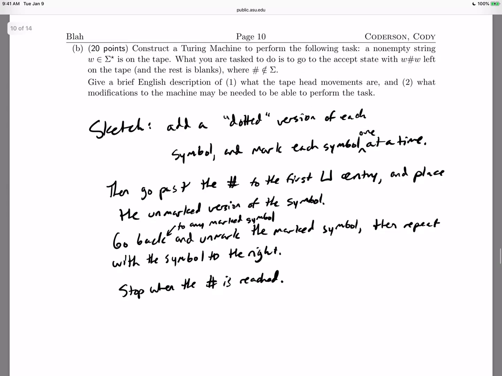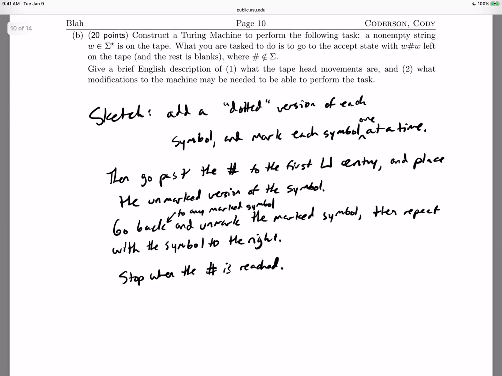But how would you actually do this? Well, here's the thing. I have a string on the tape, and we want at the end to have string, £, then the string. Well, I can't just mark up the left side, the original string, because I need to keep it around for when I go to the accept state. I need to have the original string still there.